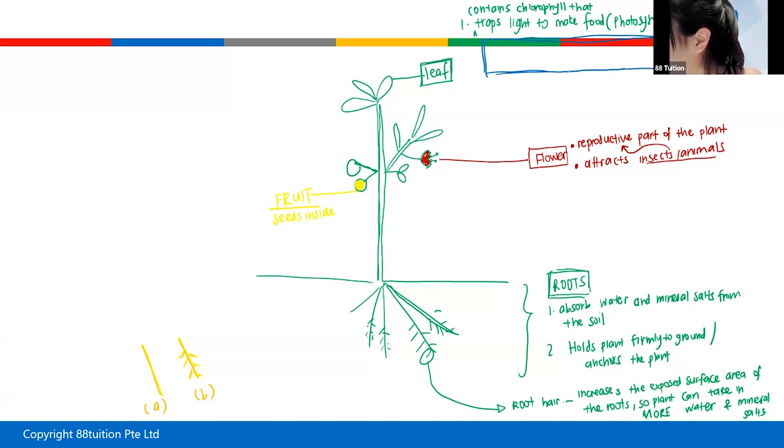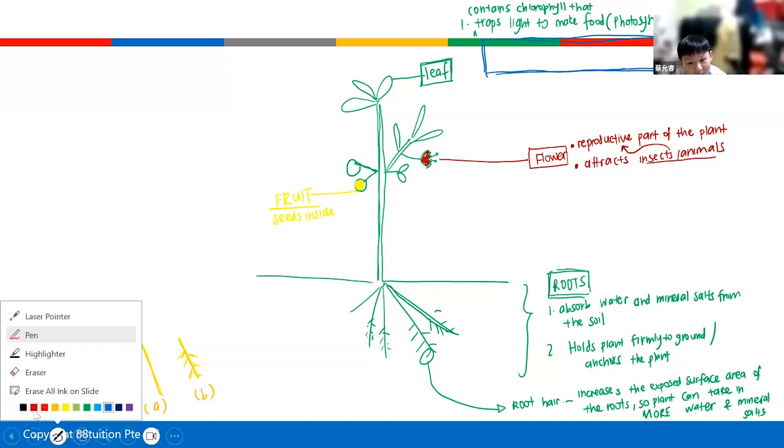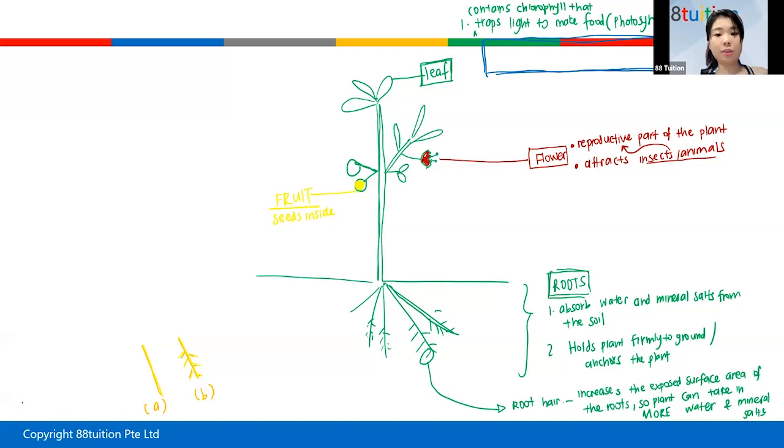I want you to try. There are 4 important things needed for photosynthesis. You already know one, right? Chlorophyll. Okay, so that's 1. I need 3 more. What are the 3 things needed for photosynthesis?